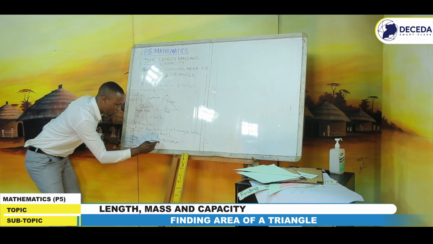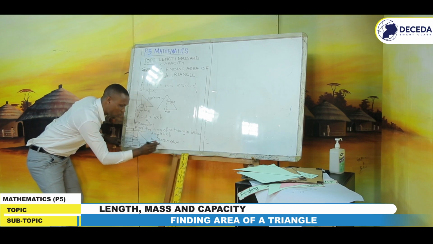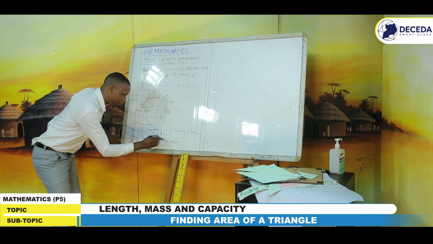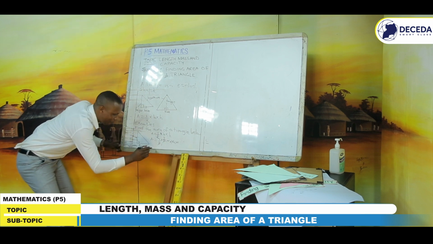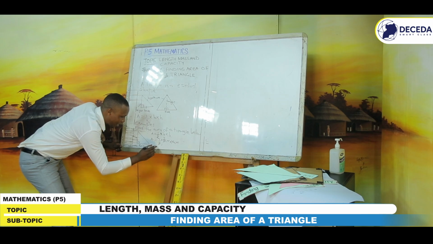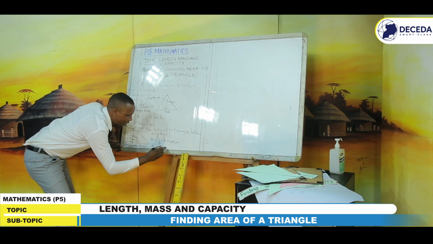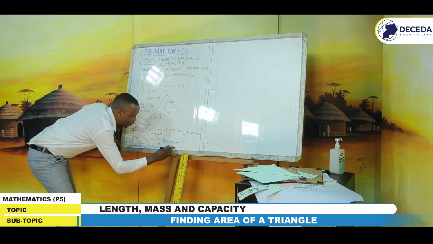this 2 by 2. This is 1 by 2 here. This is 4. I'm left with area as 4 centimeters times 6 centimeters.